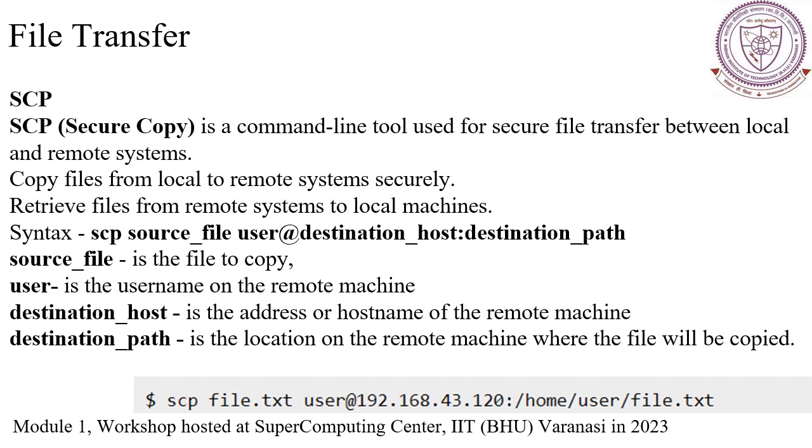One thing to note here: you have to specify the port number also, because if you are connected in the IIT-BHU network, then you don't have to enter any port number to transfer a file. If you want to connect from another network, then you have to mention a port number. So it is an important thing to note down. By using WinSCP also, you can transfer a file, and it is a very simple and easy way. Just drag and drop. You can simply transfer the file using WinSCP.